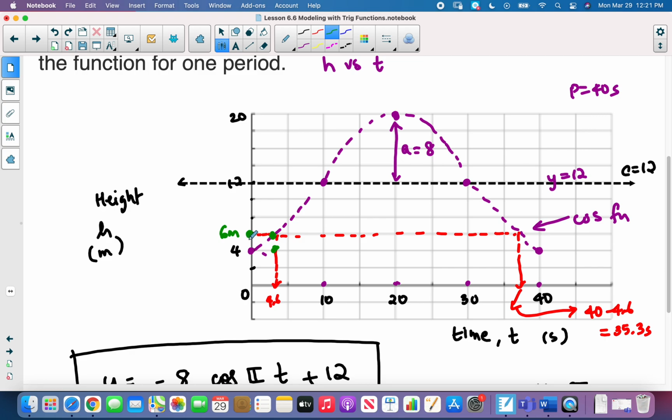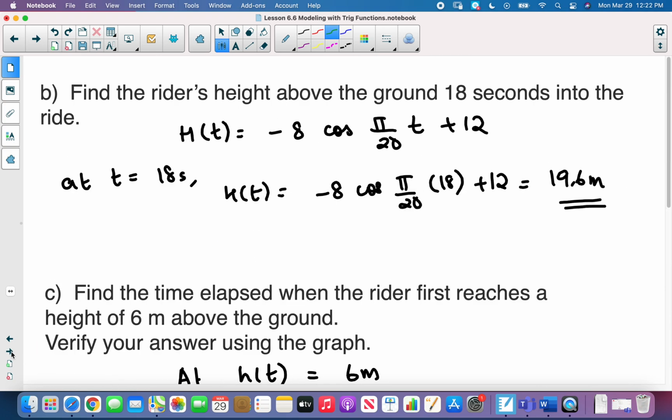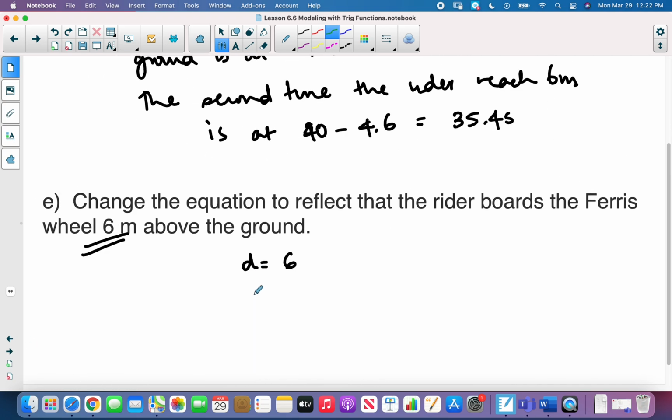So our time is going to be 4.6. Our c shift is going to be negative 4.6 because you're going to shift that point right here. This is going to become our starting point. We're going to move this point over here. Okay, so our shift is negative 4.6, and therefore our equation is going to change to reflect that.